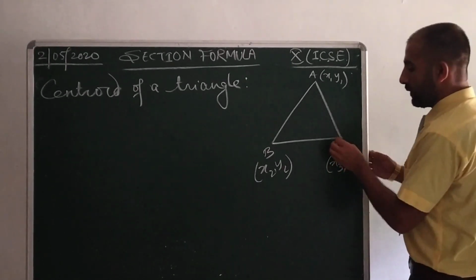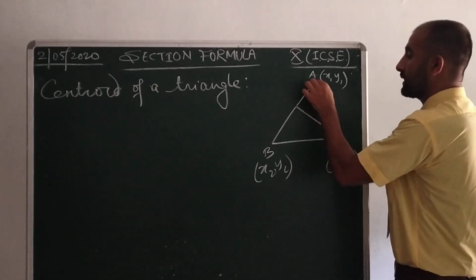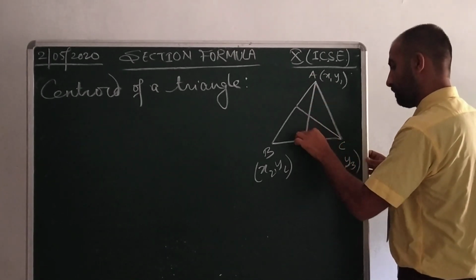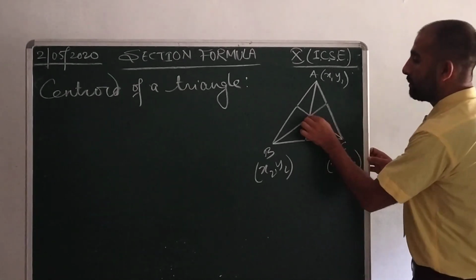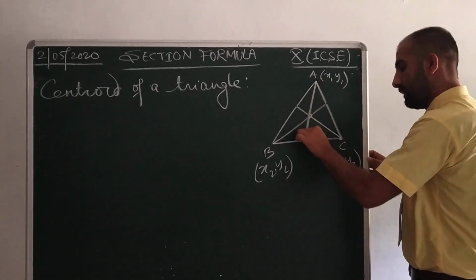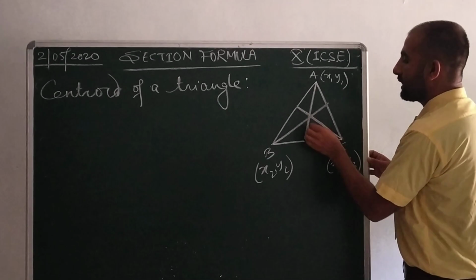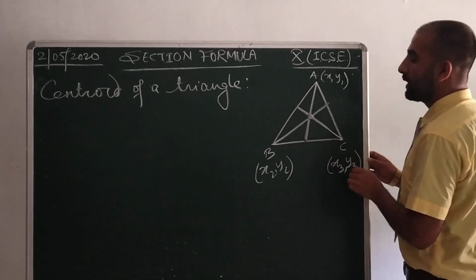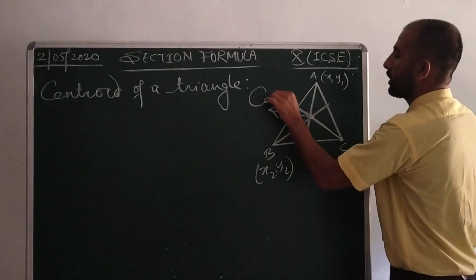If we draw a median from all the vertices, then all these three medians meet at a certain point. All three medians meet at a certain point, and that point is what we call the centroid.